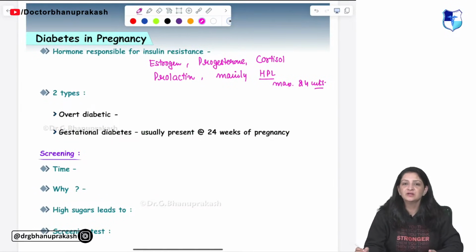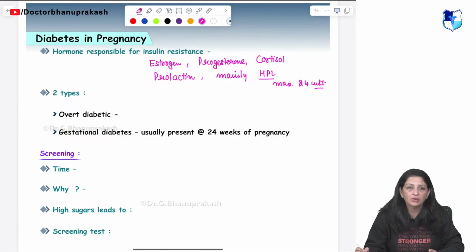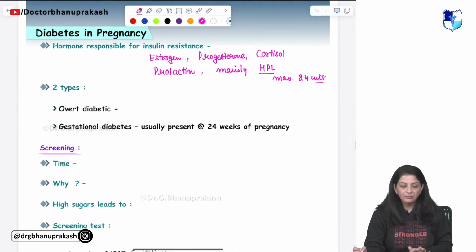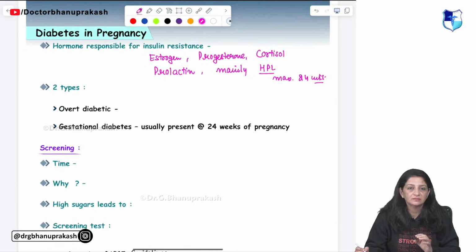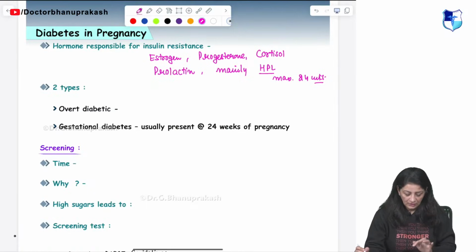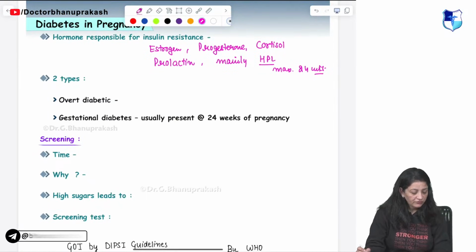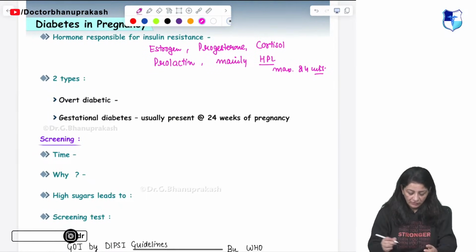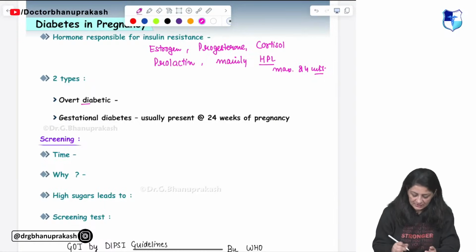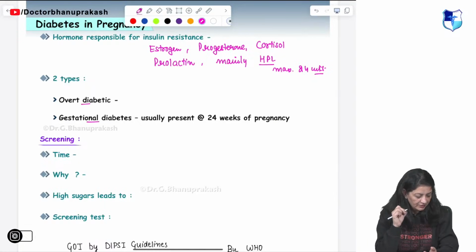For preeclampsia, best is to do ultrasound Doppler and ultrasound. Some blood investigations, like we have to check for CBC, we have to check for platelet count. So there are two types of diabetes in pregnancy. First one, overt diabetes. Second one, gestational diabetes.